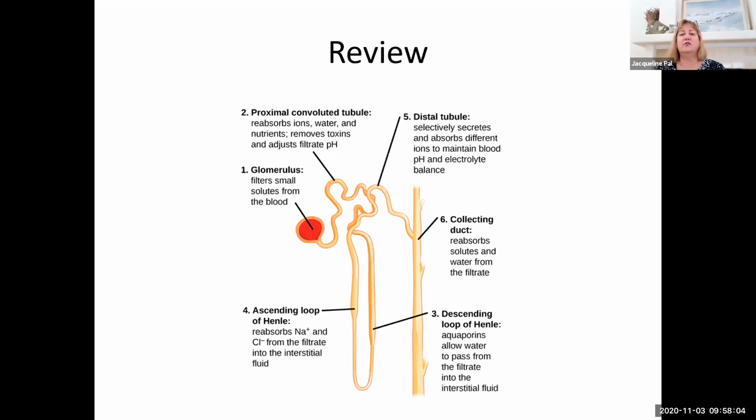The distal convoluted tubule has the new function of secretion, and then the collecting duct has both water and sodium changes occurring, as well as pH maintenance.